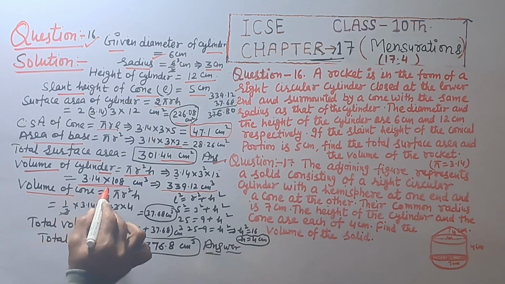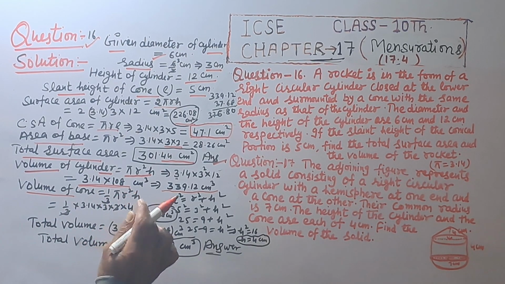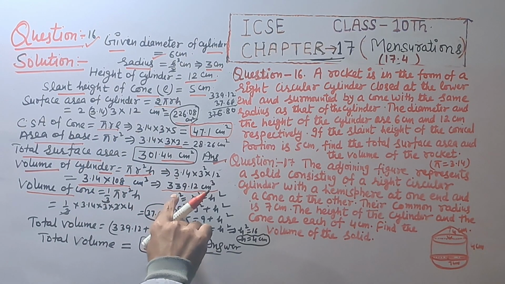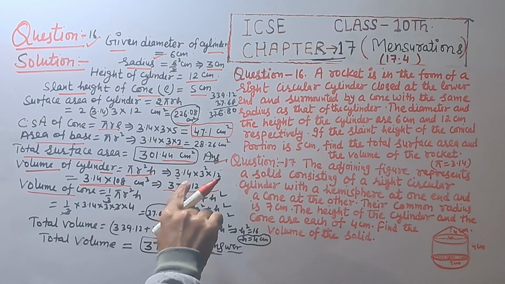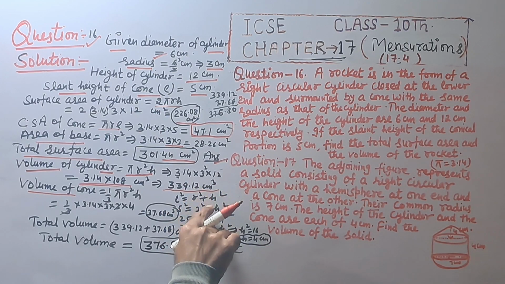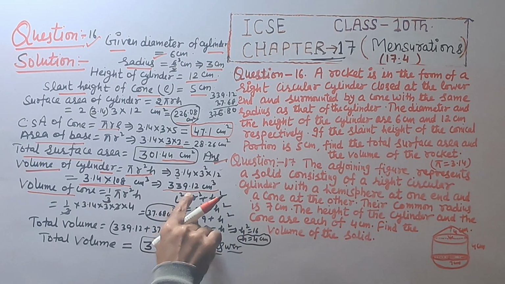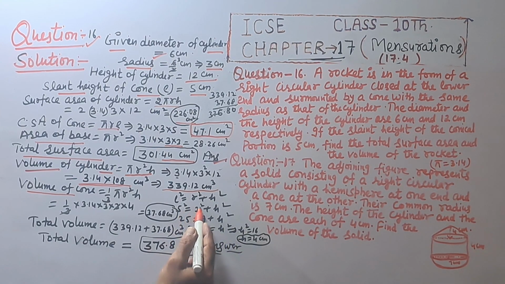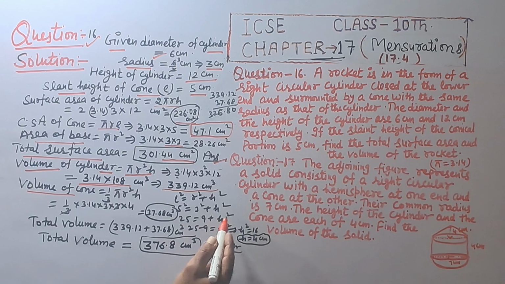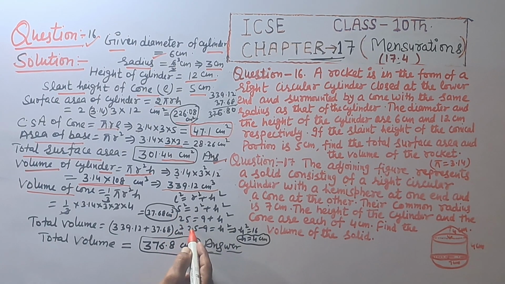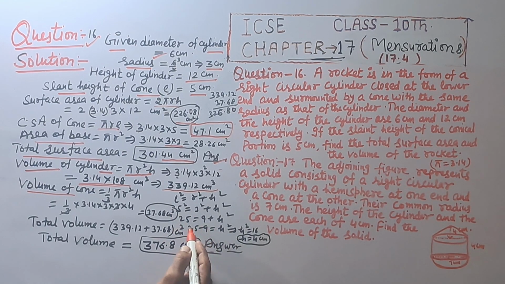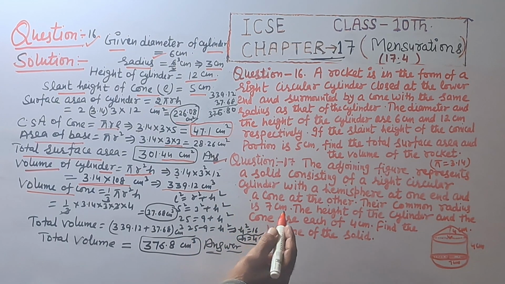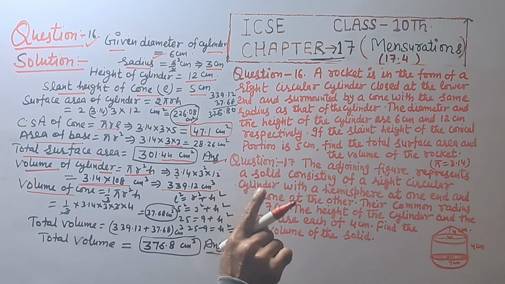And volume of cone is 1/3 pi r square h. First we find the height of cone. Slant height is 5. 5 square is equal to radius square plus height square. L square is equal to r square plus h square. 5 5s are 25 equal to 3 3s are 9 plus h square. Shifting 9 left side, 25 minus 9 equal to 16. So h square equal to 16 means h equal to root 16, that is 4 centimeter.